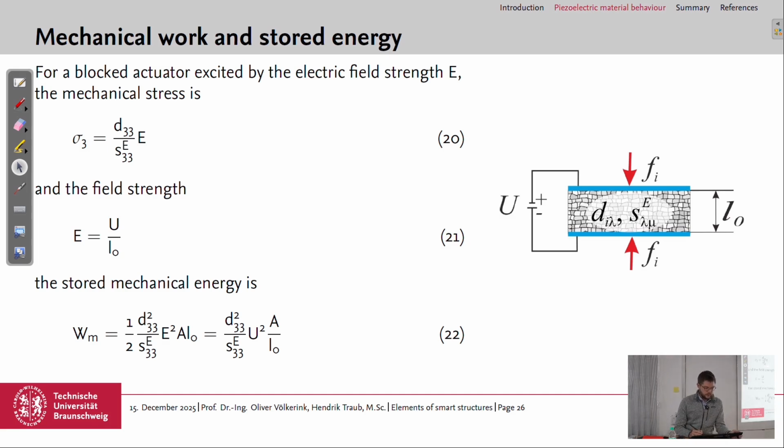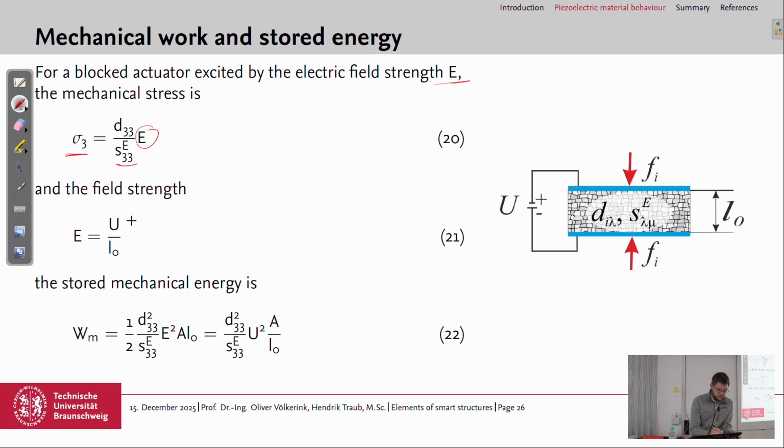So for a blocked actuator, which we excite with the electric field E, we can do the same. We know from the small signal behavior that D33, so the piezoelectric constant in field in 3 direction and effect in displacement in 3 direction, divided by the compliance times the electric field gives us a stress, sigma 3.